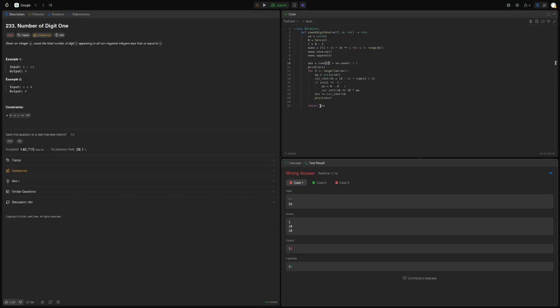And then we go into double digits. And our current contribution is suddenly 9, which I don't think makes sense, because like n is 2, so 10, it's 19.